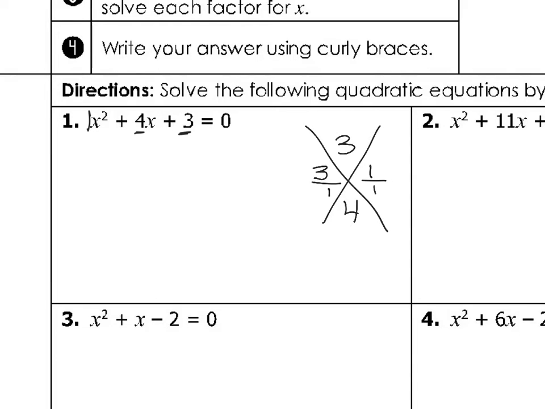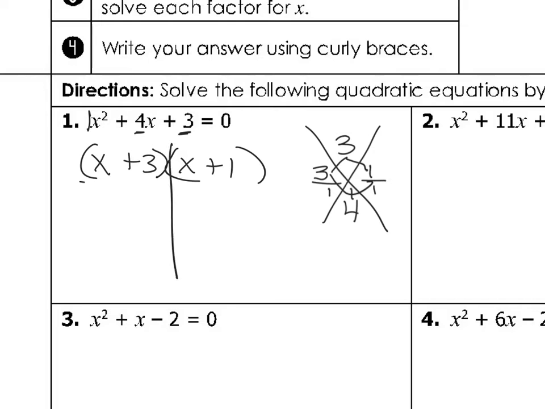Remember, always test. You multiply them to get that, and you add them to get that. Make sure you do that, because sometimes something looks like it's right, but you go too quick without checking it. So my binomials would be x plus 3 and x plus 1.